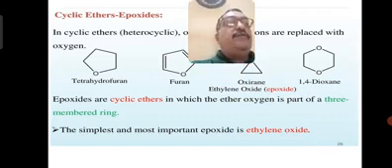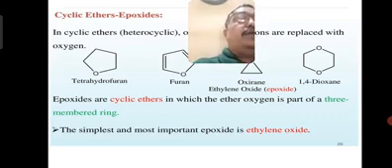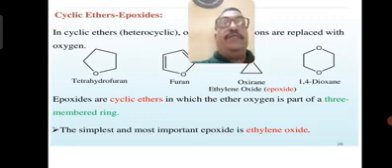Similarly, a 6-membered ring type compound containing 2 oxygens. These two are numbered as 1 and 4: 1, 2, 3, 4, 5, 6. So in the 6-membered ring at 1 and 4 there is oxygen. It is called 1,4-dioxine.